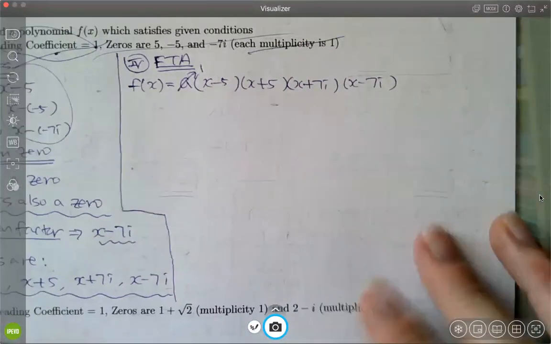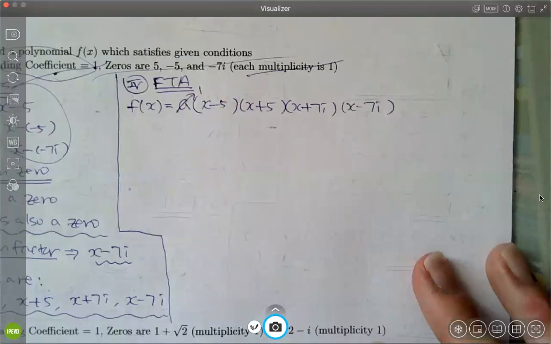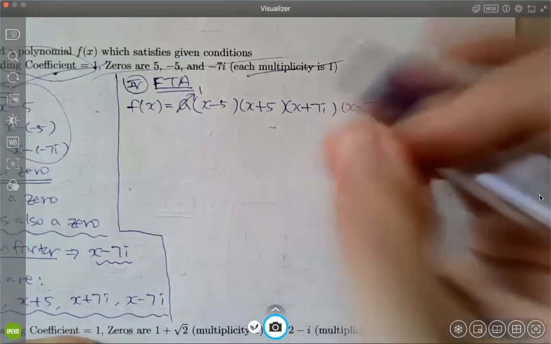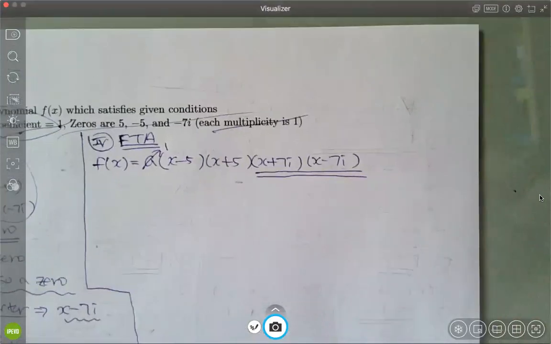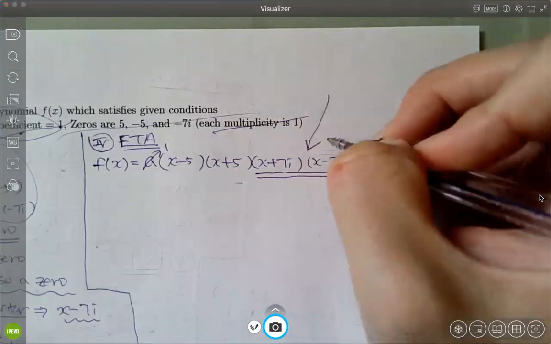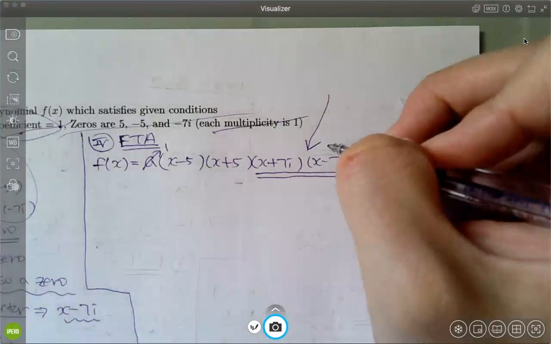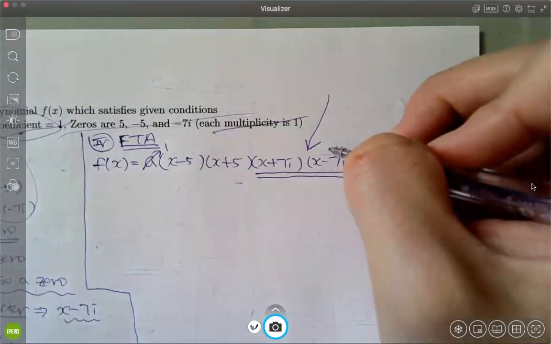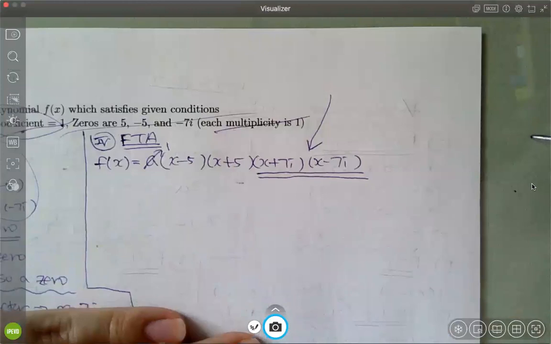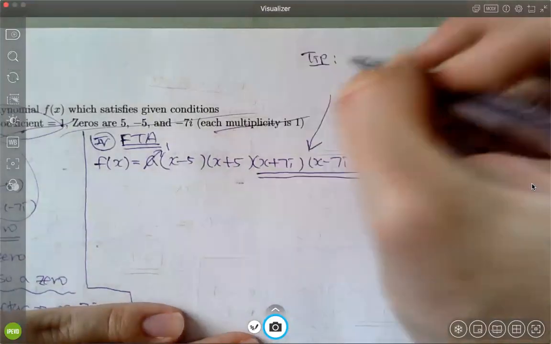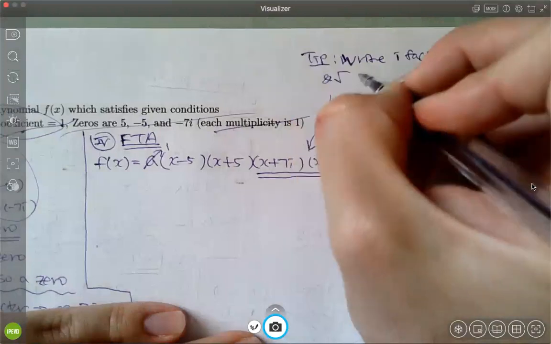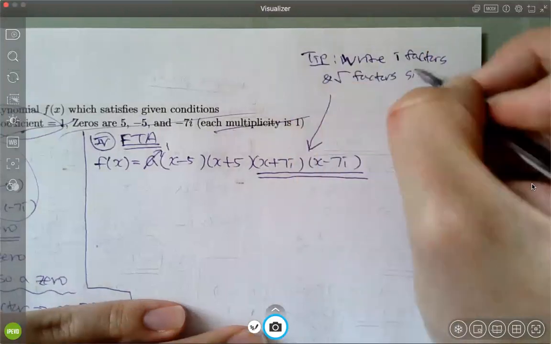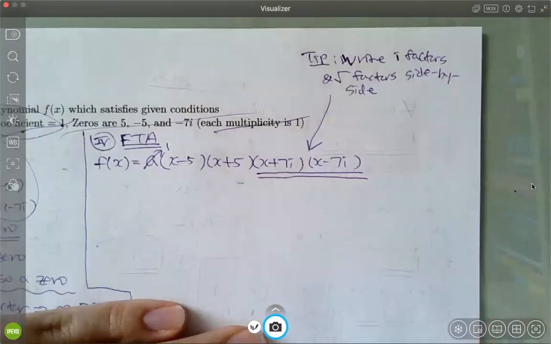Now, for these I square root theorem problems, my recommendation is whenever your factors involve I and or square root, write the I factors and square root factors right next to each other, side by side.